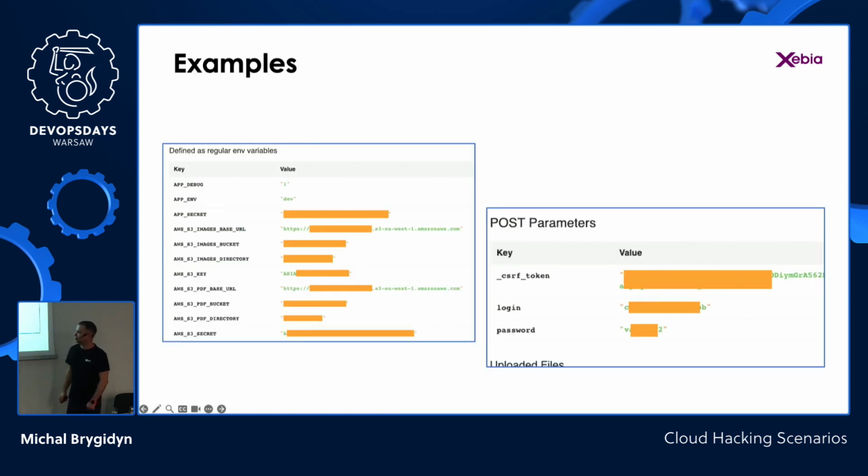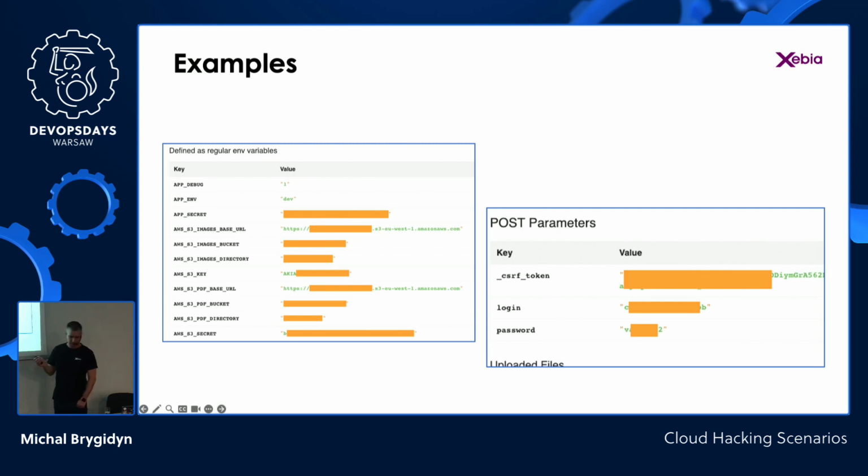But here is how it looks. Environment variables, plain text, we can already see AWS credentials here. There's an S3 key and S3 secret, but it's only access to Amazon S3, that's file storage. It's interesting sometimes, but it's not admin yet.